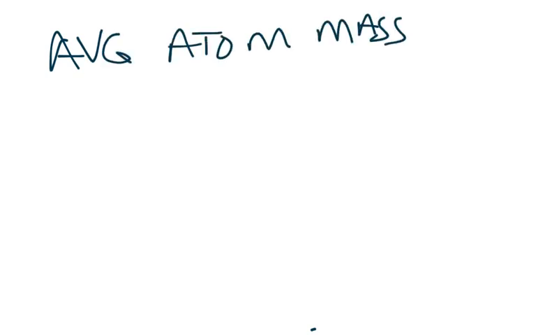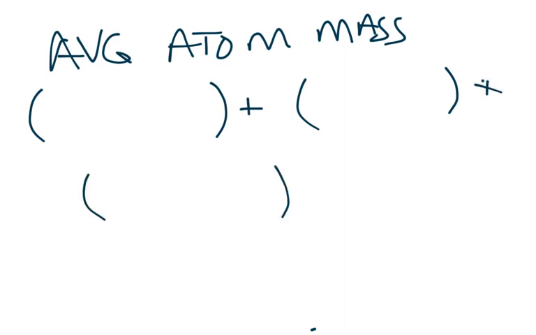To calculate average atomic mass, you are going to take for each isotope a set of parentheses. So if there's 2 isotopes, you have 2 parentheses. If there's 3 isotopes, you have 3 parentheses, etc. And in each set of parentheses for that isotope, you're going to take the percent as a decimal and multiply it by the mass of that isotope.